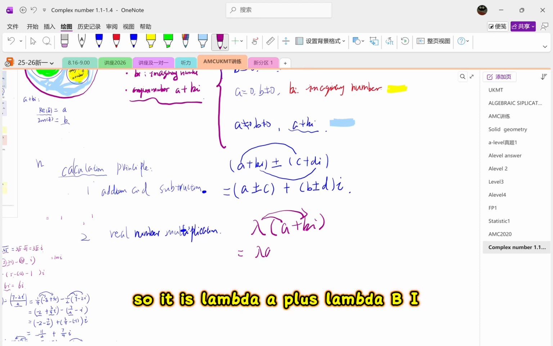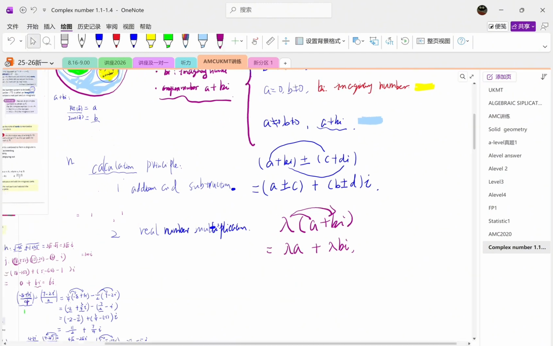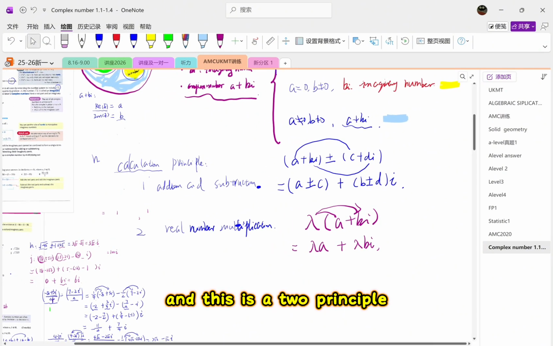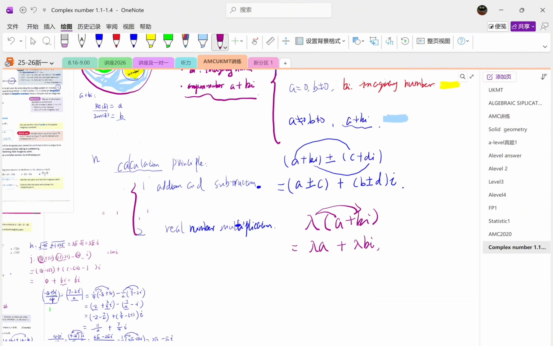So it is lambda a plus lambda bi. Multiply out the brackets as we usually do. And these are the two principles: one is addition and subtraction, and the second is real number multiplication. So let's do some practice.